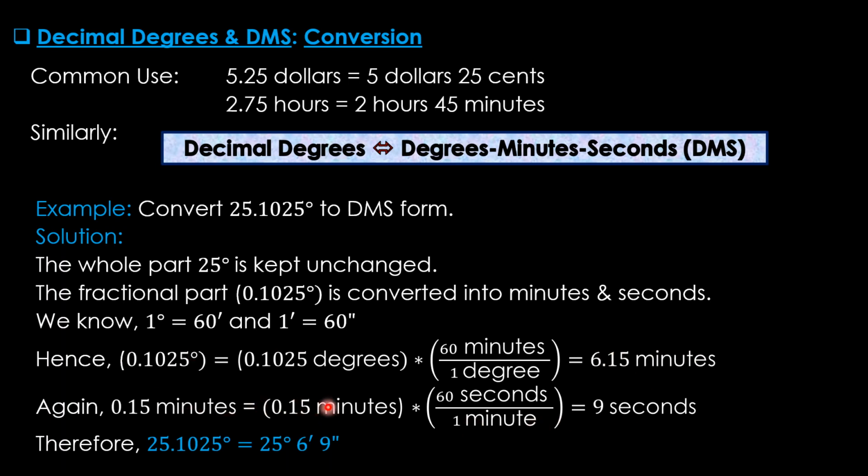In the same way, we multiply 0.15 minutes by 60 seconds per 1 minute, which becomes 9 seconds. So ultimately 25.1025 degrees becomes 25 degrees, 6 minutes, and 9 seconds. So the result is 25 degrees, 6 minutes, 9 seconds.